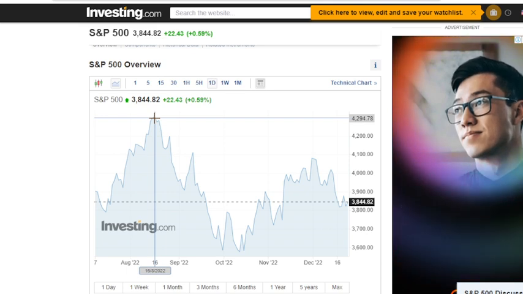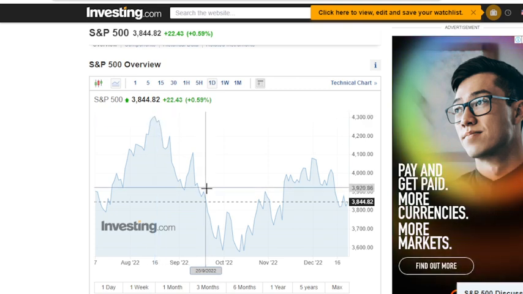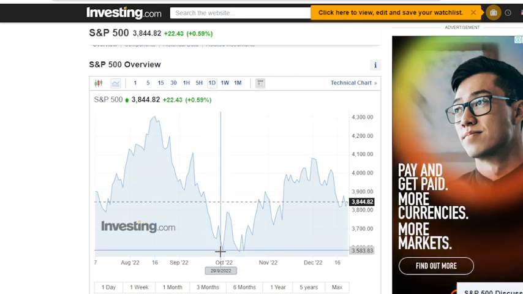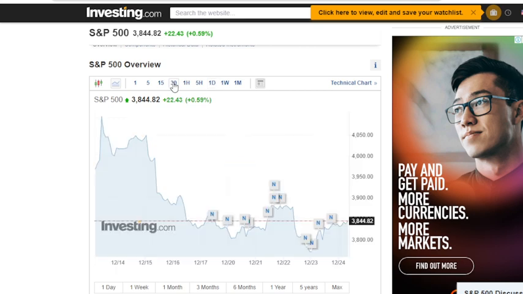You can see approximately 4300 on the S&P 500, and it went in October to 3586. Similarly, again it is moving upward, and today we have already discussed 29. Let's see a lower level over 50 days.